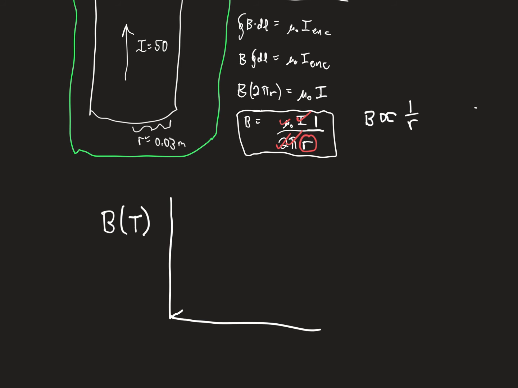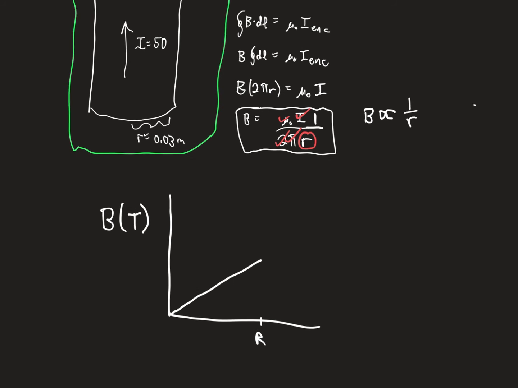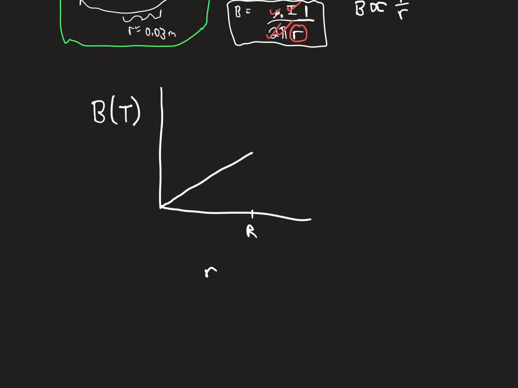I have B proportional to r, all the way up to r equal to big R. So this would be my radius on my x-axis. What would be the units of my radius? Meters. And then proportional to 1 over r, which looks like this. B is proportional to r, and then B is proportional to 1 over r.